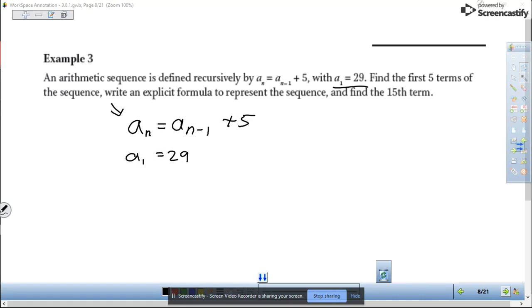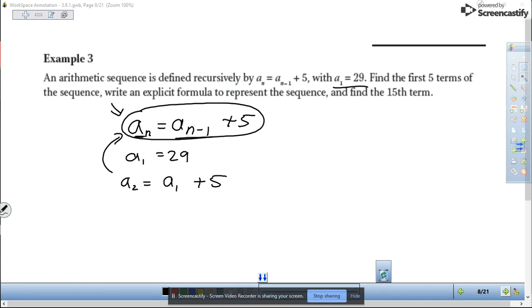It says find the first 5 terms of the sequence. Well, if I want to find A2, according to my rule up here, I need to do the previous term, which would be A1 plus 5. Okay, that's all this rule means. That equation up there at the top, all it means is whatever term you're looking for is the previous term plus 5.